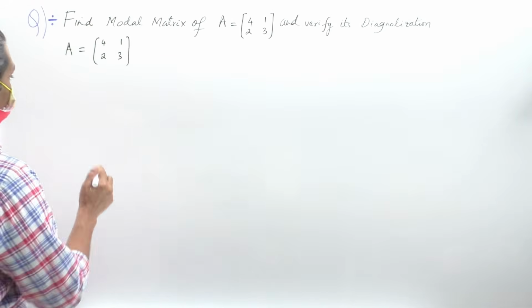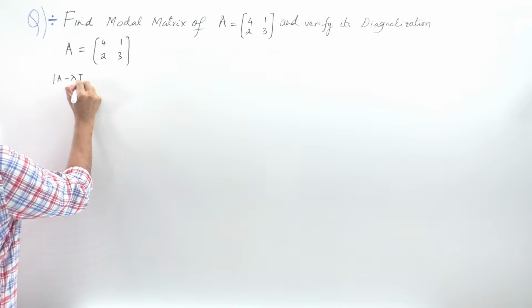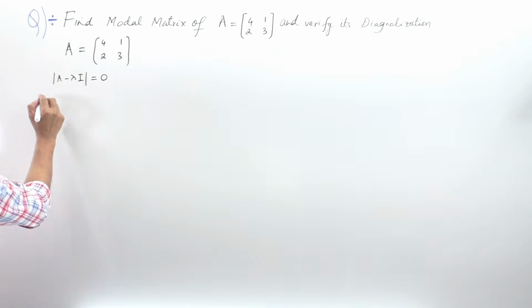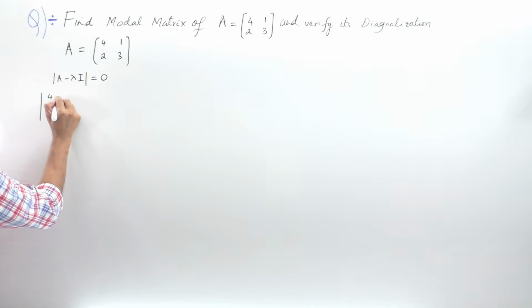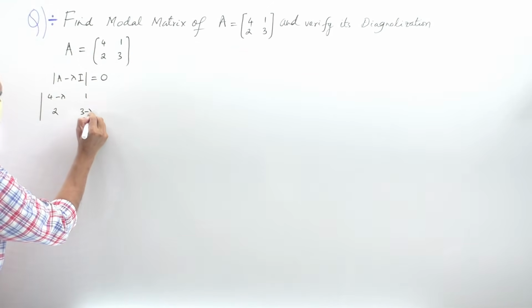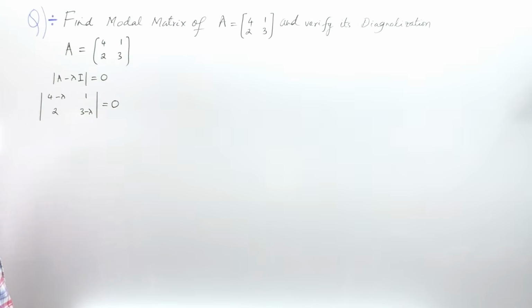And the characteristic equation is given by determinant of A minus lambda I equals 0. That means determinant of 4 minus lambda, 1, 2, 3 minus lambda is equal to 0. Fine. So let's solve this determinant here.